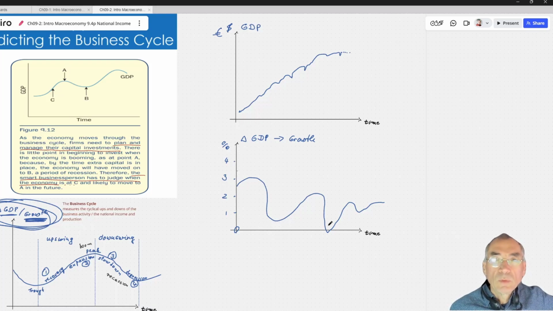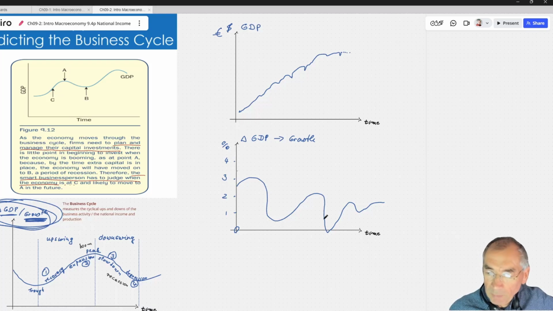But what I'd like to point out here is that when we complain about the economy going down, a slowdown, a recession, and then being at a trough and then going up again, these troughs typically are positive. So here, this trough that I made would be at 0.5% growth. So we are normally not talking about real negative development, but more growth or less growth.